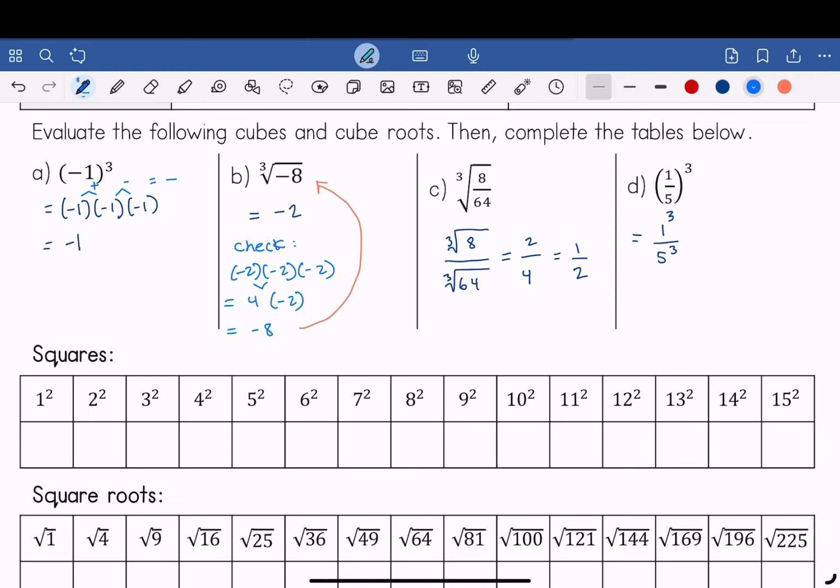You could also write it the way we did in the example, which is 1 over 5 times 1 over 5 times 1 over 5, which ultimately, if you're multiplying all the denominators together, will be 5 to the power of 3. So the exponent of 3 applies to the 1 and to the 5 as well. So 1 times 1 times 1 is 1, and 5 cubed is 125.